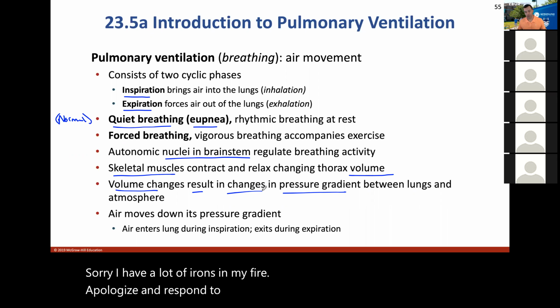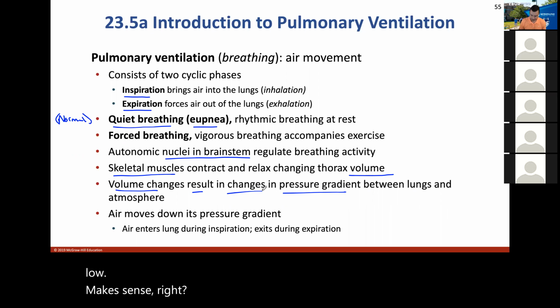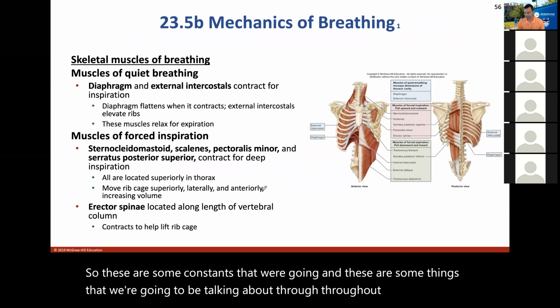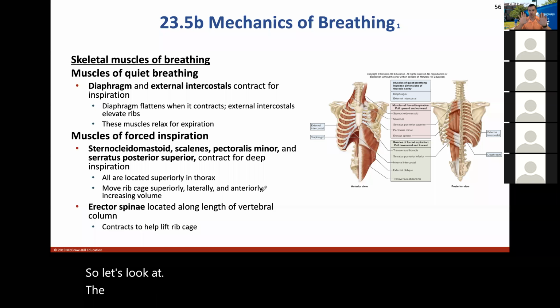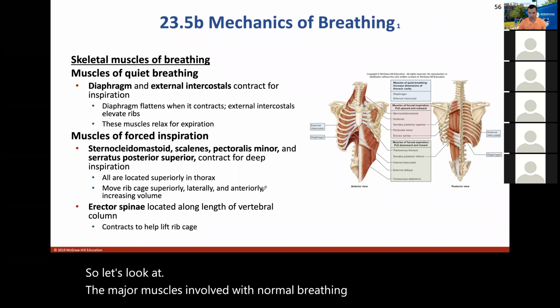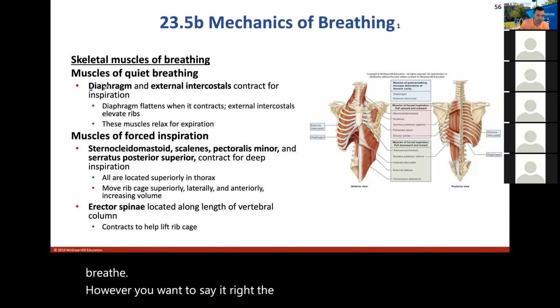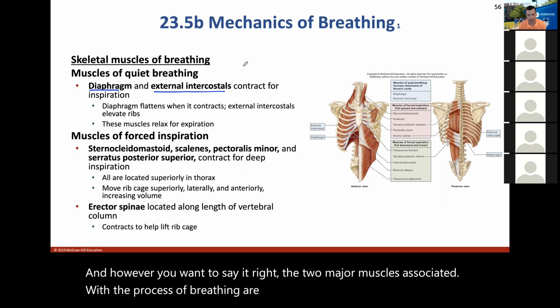So air is always going to go from high to low. Makes sense, right? So these are some constants that we're going to be talking about throughout this process of breathing. So let's look at the major muscles involved with normal breathing, eupnea, eupneic breathing, however you want to say it. The two major muscles associated with the process of breathing are the diaphragm and the external intercostals.